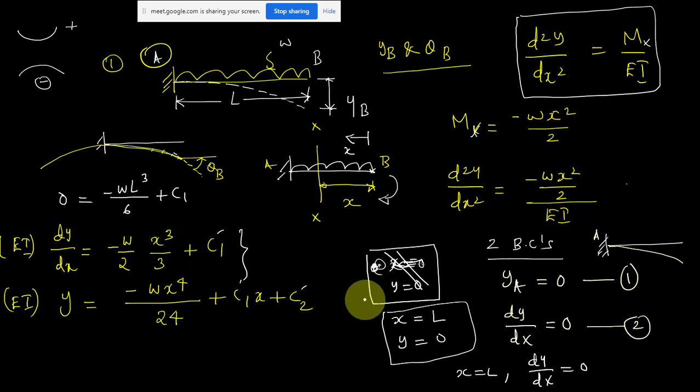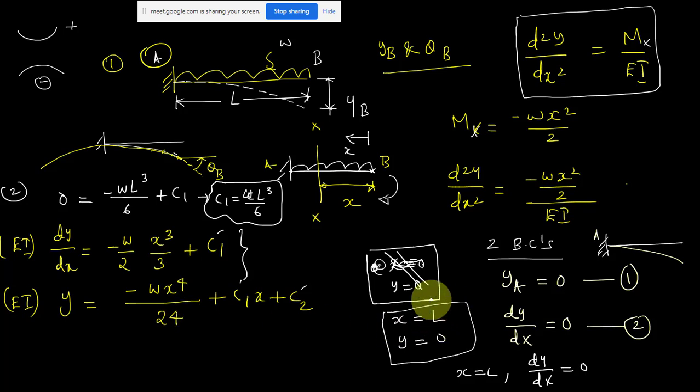I have applied the second boundary condition to the slope equation, because the second boundary condition is in terms of slope. So 0 equals minus w L cube by 6 plus c1. From this we can solve c1 equal to w L cube by 6. That is the value of your c1.